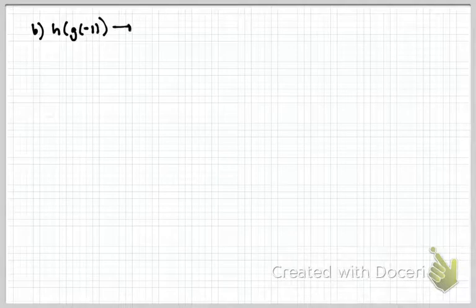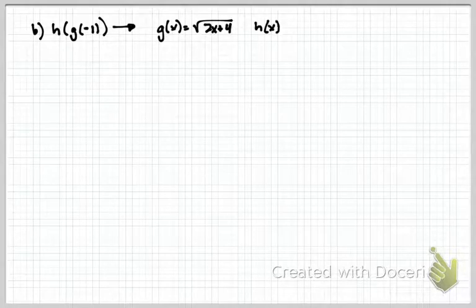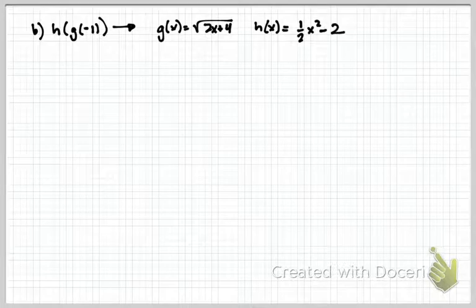So B asks you to evaluate h of g of -1. Well, let me rewrite the functions again: g of x equals square root of 2x plus 4, and h of x is equal to 1/2 x squared minus 2.